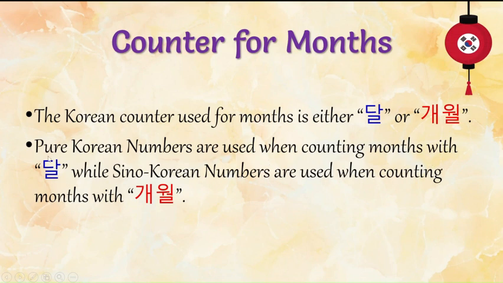When you are using 달 as a counter for months, then you have to use pure Korean numbers with it. And in case of 개월, you have to use Sino-Korean numbers while counting months. This is the difference between them. With 달 you have to use pure Korean numbers, with 개월 you have to use Sino-Korean numbers.